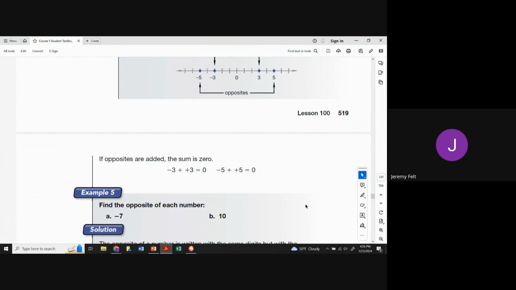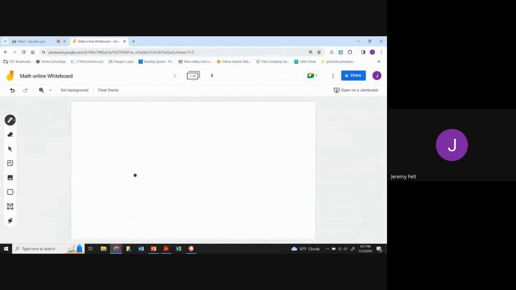Again, an opposite is just that far away from the origin. So if we're looking at, here's the example. This is where I don't love drawing out the number line because, as you can see, I spend more time drawing the number line than actually answering the question.